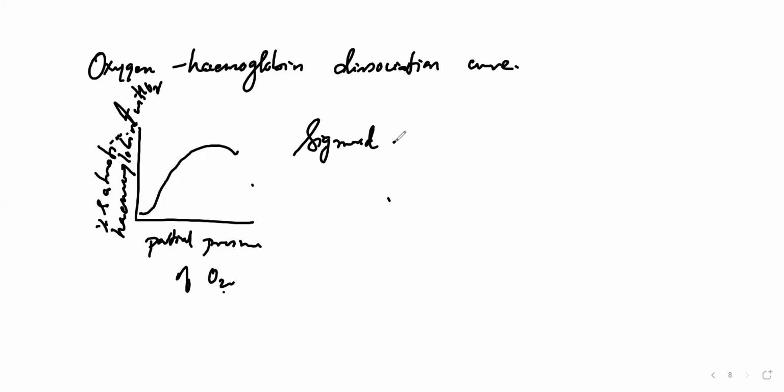Depending upon what type of sigmoid curve you're getting, it will determine how much percentage saturation of oxygen is present in the hemoglobin. This graph is used to study the factors which we have seen earlier, like the H plus concentration and the partial carbon dioxide concentration and all those things. Depending upon this graph study, we'll be able to know how much oxygen is going to bind with the Hb.